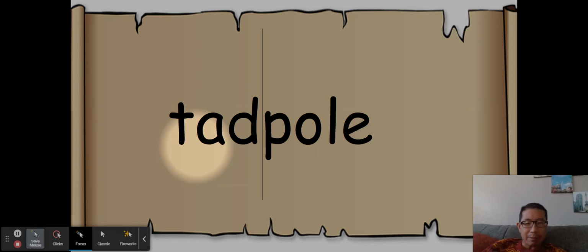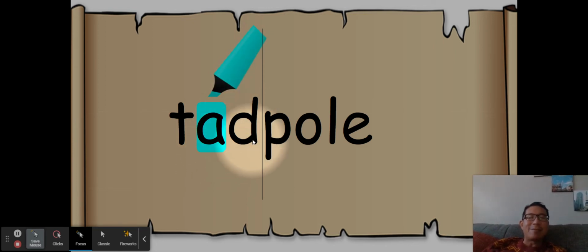Now let's try this one. First, find the vowel. It's the letter A. But because there's a D in front of it, it's its closed version of A. So let's read it: t-a-d, tad. Now let's look at the second syllable.